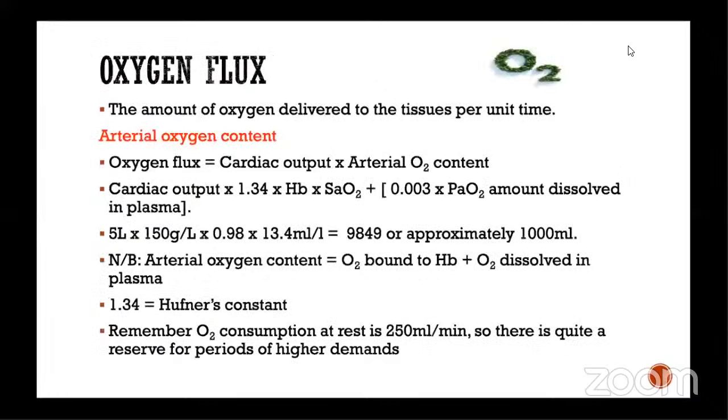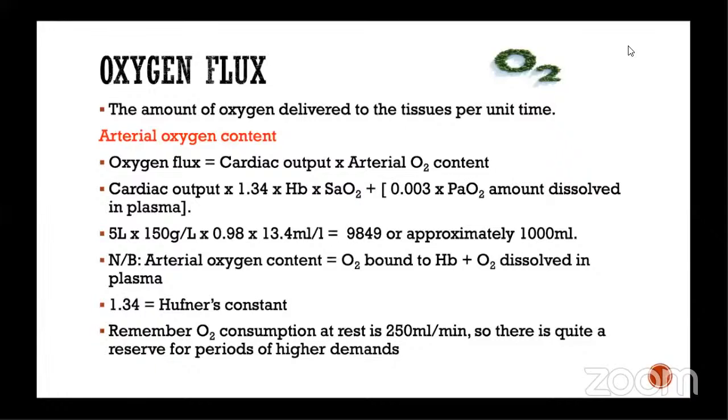Now, let's also look at the oxygen content we got, 200 mils per liter. If we take into consideration the cardiac output of the patient, assuming 5 liters, and multiply it by the 200 mils, that gives us approximately 1,000 mils of oxygen per minute.